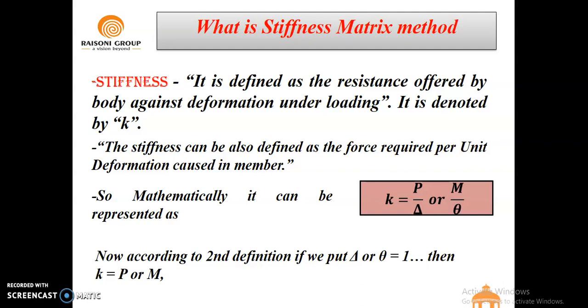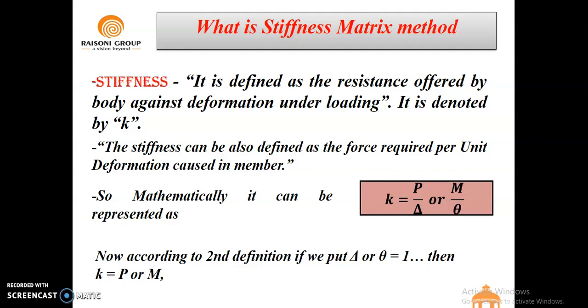In structural analysis terms, stiffness can also be defined as the force required per unit deformation caused in the member. Mathematically it can be represented as K equal to P, that is force, upon delta, that is deformation, or for moment we will use the rotation.